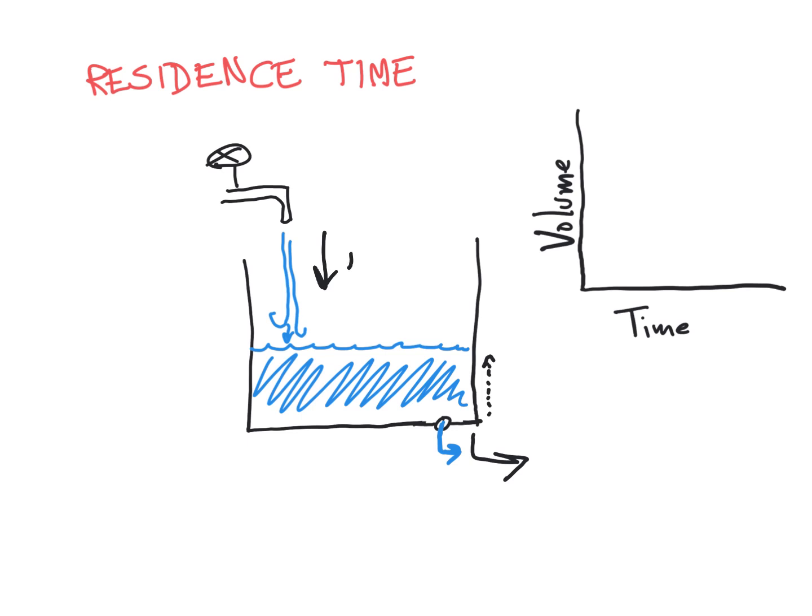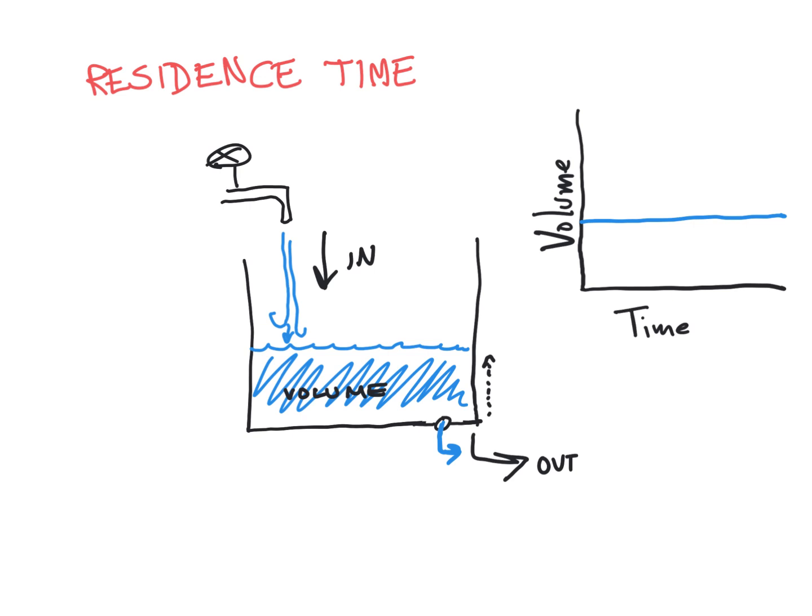So you've got an input, you've got an output, that's the drain, and you've got a volume of water in the sink. And if you were to put this on a chart, once it's reached this stable position, the volume of water in that sink over time would remain level.